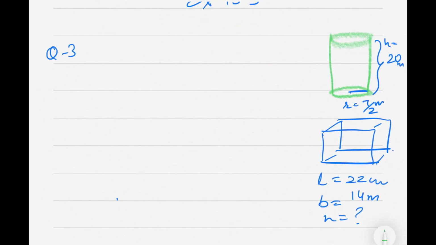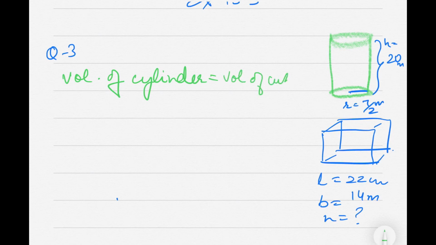So in this case, I can say that the volume of cylinder is equal to the volume of cuboid, right? The platform is in the shape of a cuboid. So the volume of cylinder is equal to pi r square h, and the volume of cuboid is equal to L into B into H. So now I'll just substitute the values of these.